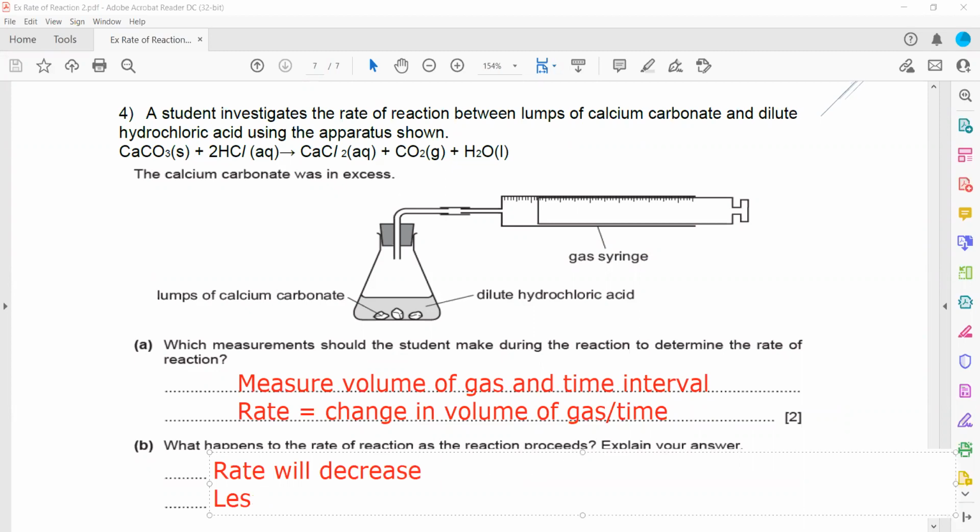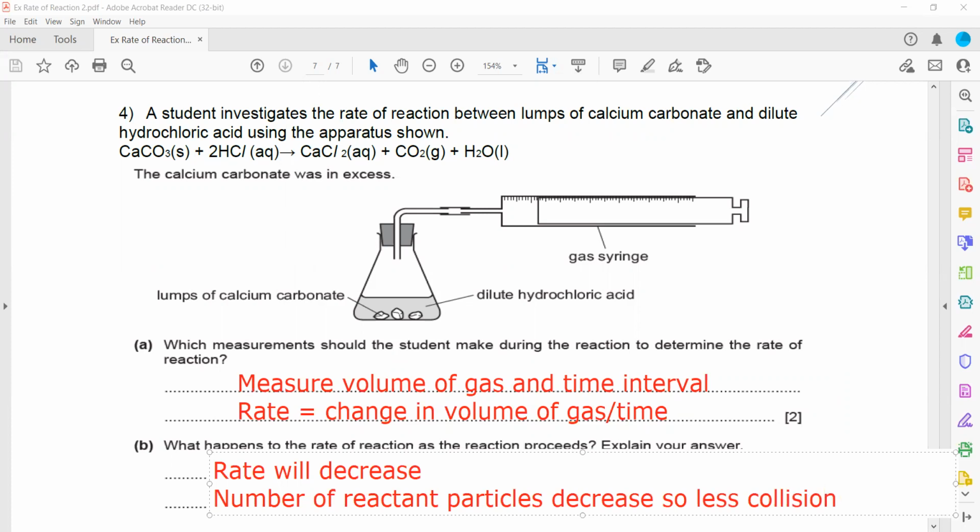In the beginning you will have the maximum number, so the number of reactant particles decreases, so less collisions, resulting in a decrease in rate of the reaction. In the beginning you will have more particles of calcium carbonate and hydrochloric acid, but with the passage of time, because these particles are reacting and forming a product, the number of reactant particles is decreasing. That's why the rate of the reaction will also decrease.